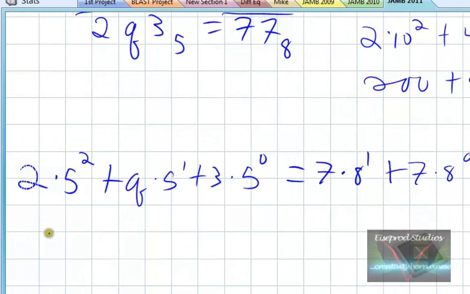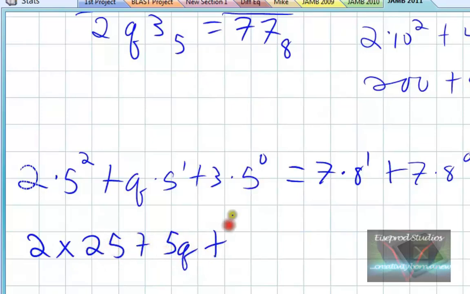Simplifying a bit, we're going to have 2 times 25 plus 5q plus, remember that 5 to the 0 power is 1, so we have just 3 here. 7 times 8 to the first power is going to be 56 plus 7 times 8 to the 0 power is just 7.